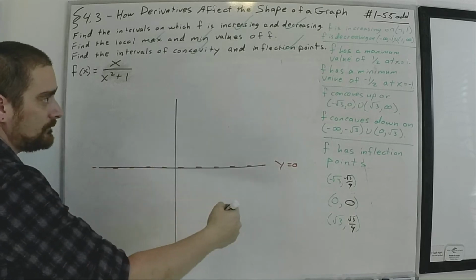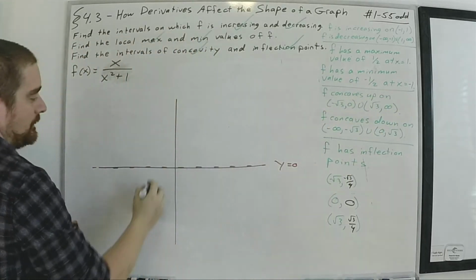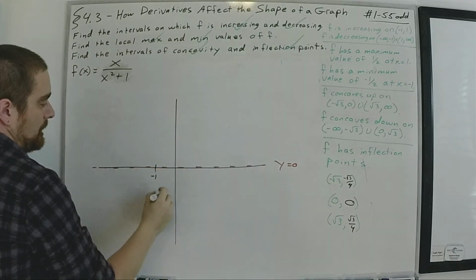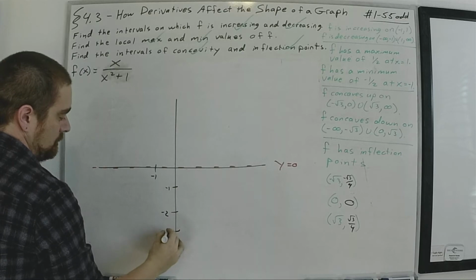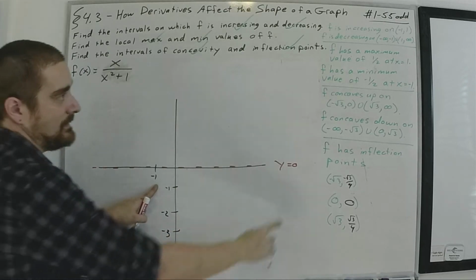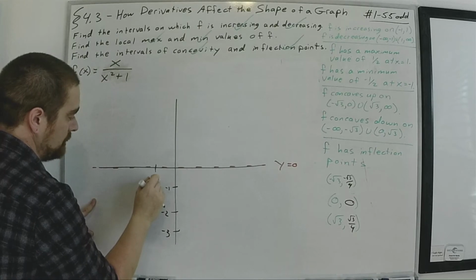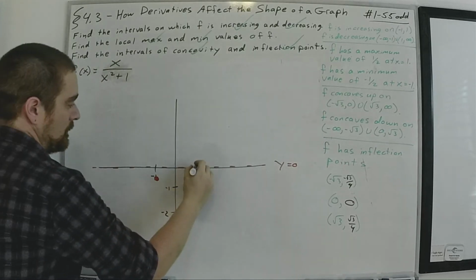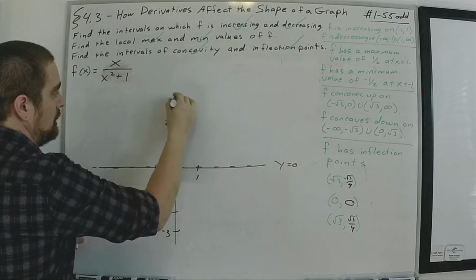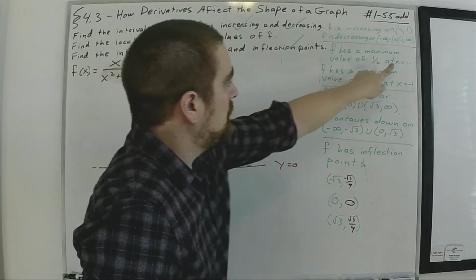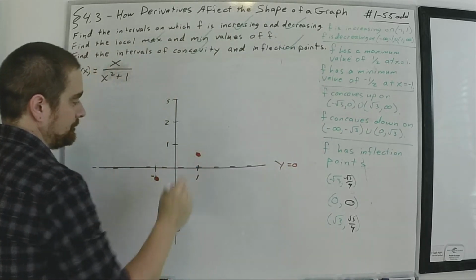And then we can see that it hits a minimum at negative 1. And the minimum value that it hits isn't even that crazy. It's just negative 1/2. So I'm hitting a minimum value basically right there. And then over here at positive 1, again, I'm not going too crazy. I'm only getting a maximum at 1/2, right about here.